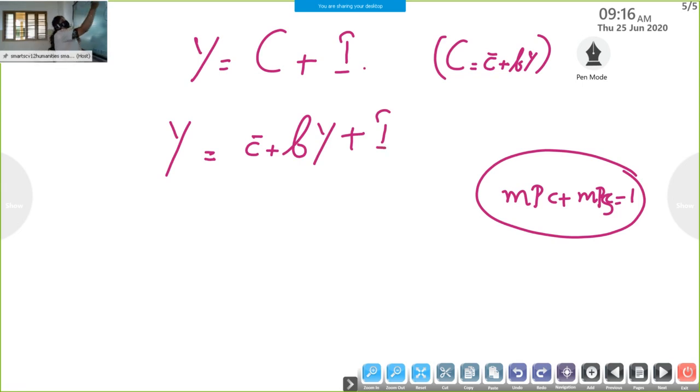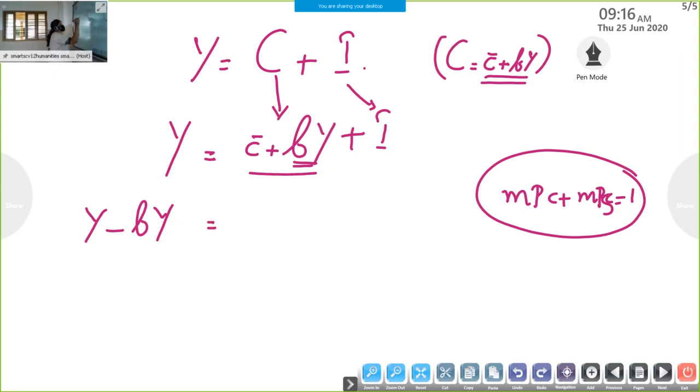Just substituted the consumption equation, C dash plus BY, that is C, then plus I. Then just modify: taking BY to the left, Y minus BY is equal to C dash plus I. Till here you understood what I did?